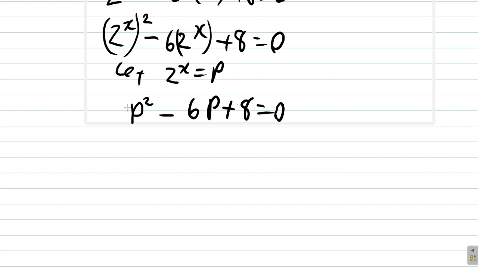So if you remember the AC method, in this case what you have is ap squared plus bp plus c equals 0. Now remember, the minus 6p is the same as plus negative 6p. So in that case, ap squared, this is 1p squared, but you don't bother to put the 1. So a is 1.